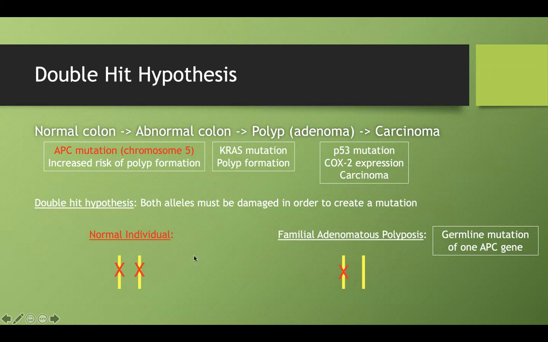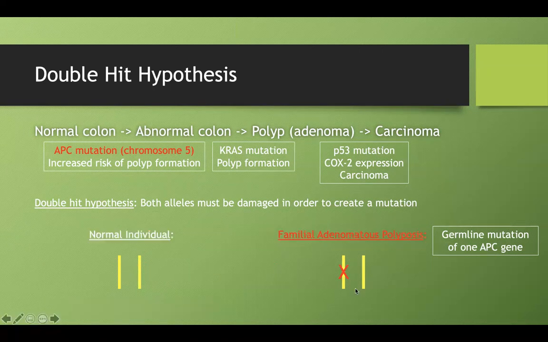Very unlikely to happen. And in FAP though, because every cell in your body already has this mutation, it's a near certainty that one of your cells at least is going to have this mutation, because it's no longer 1 in a million squared. Sure, it's still a 1 in a million chance, but you have millions of cells anyway, so it's going to happen.